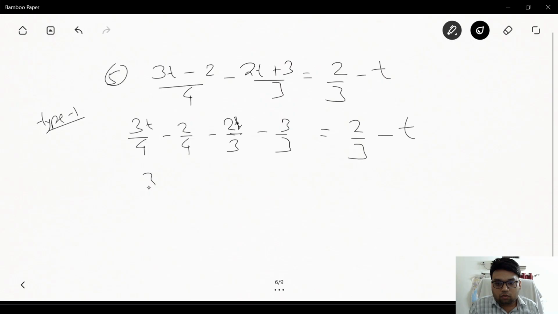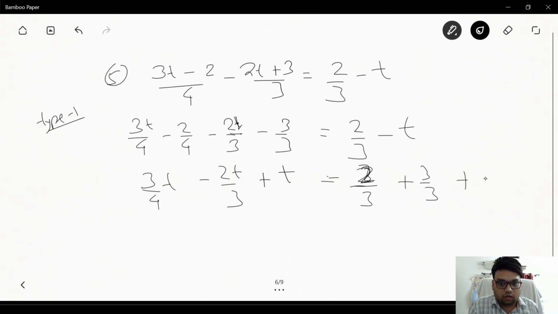Now 3 by 4 t minus 2t by 3 plus t. This t comes to the left hand side. Here 2 by 3 plus 3 by 3 plus 2 by 4 comes here.